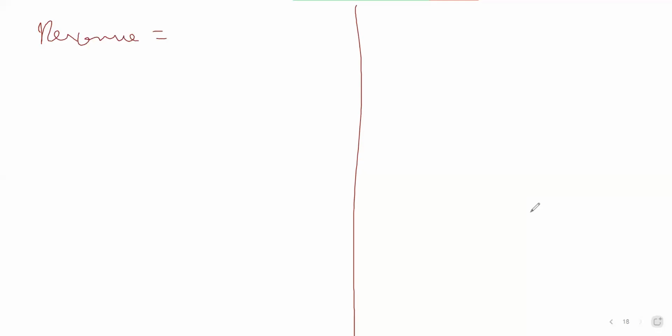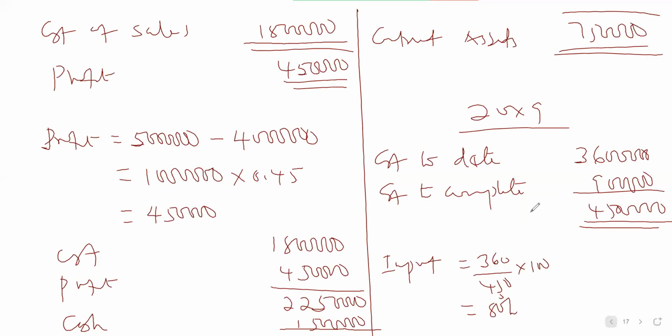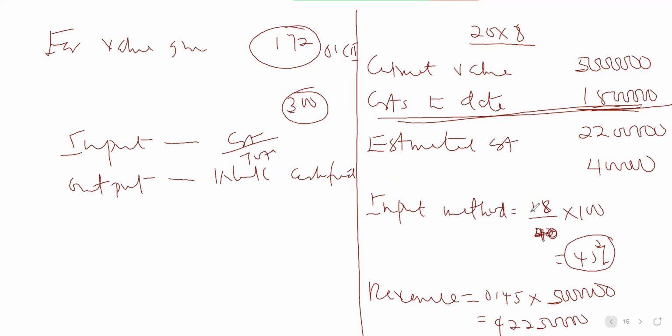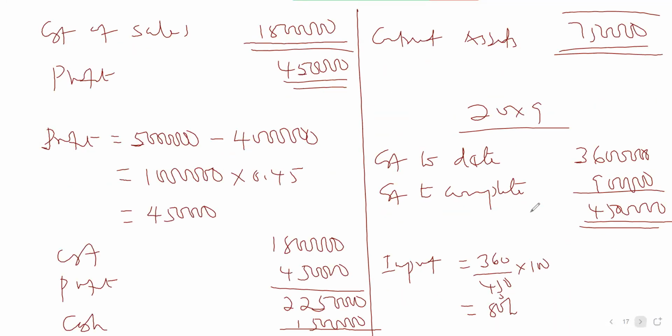What will be the revenue? It will be 0.8 times 5 million, isn't it? So how much are we getting? 4 million. But we have already recognized 2.25 million. So what will be the difference?